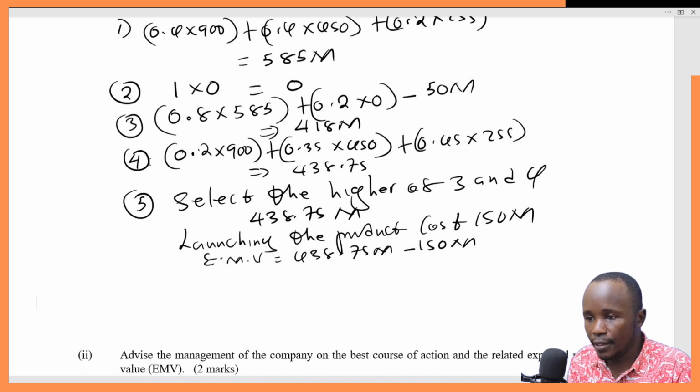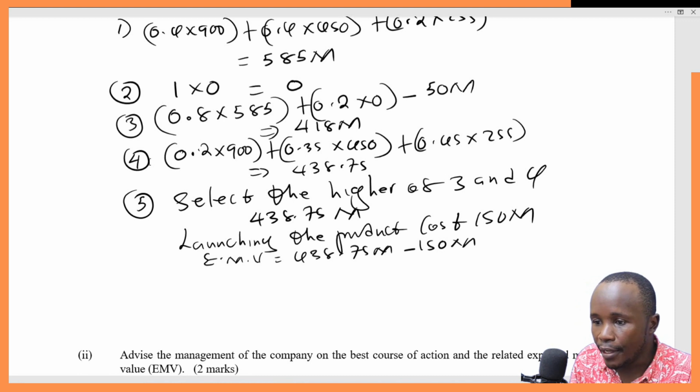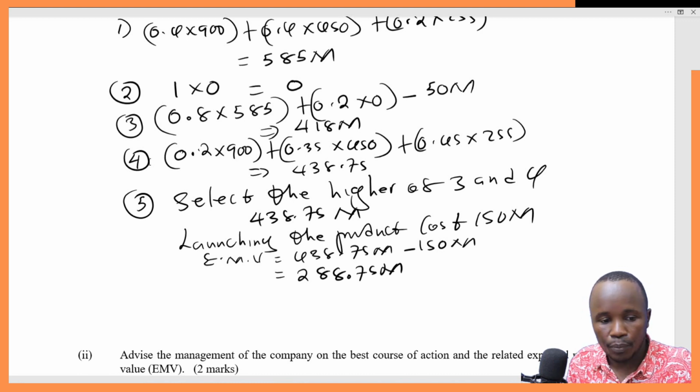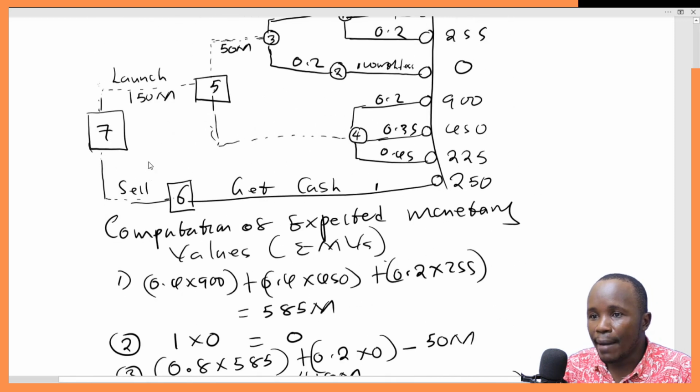What do you get? This gives me 288.75 million. So that is it with number 5.